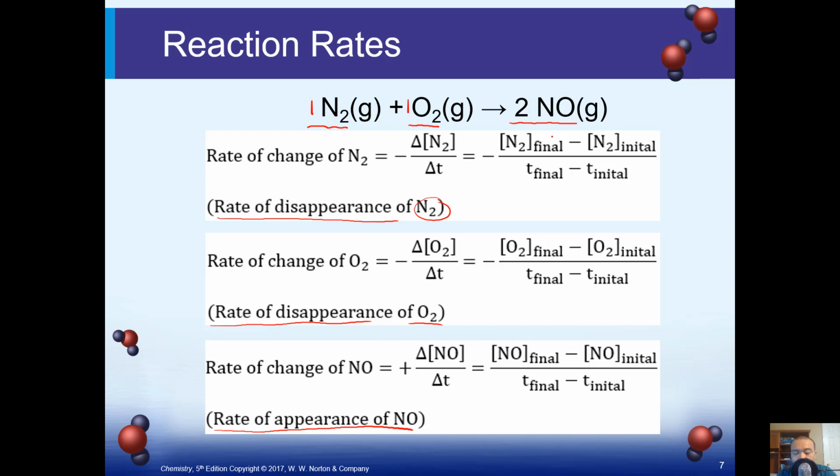The rates of the disappearance of the reactants and the rates of appearance of the products, sometimes called the relative rates of the consumption of the reactants and the formation of the products, are based on their chemical coefficients, so they can be different.